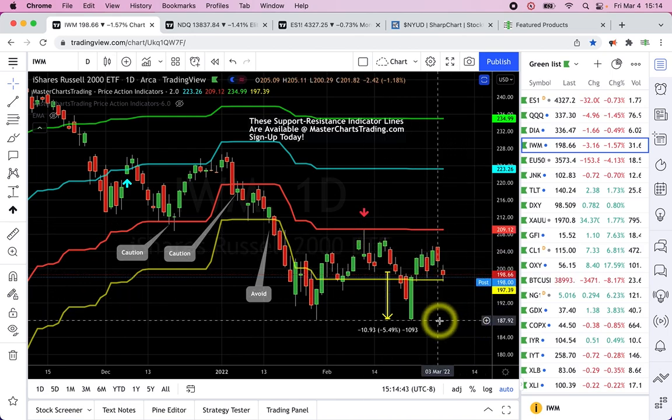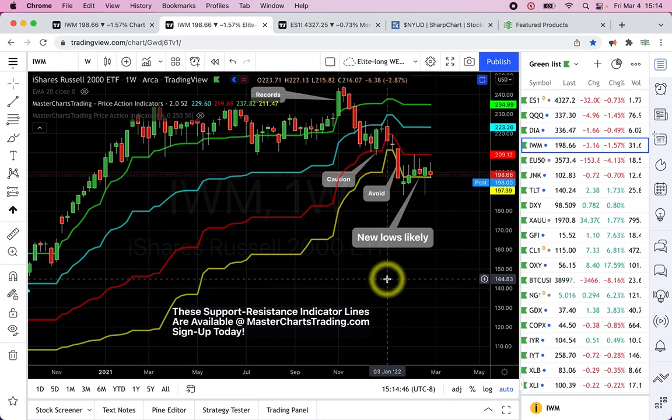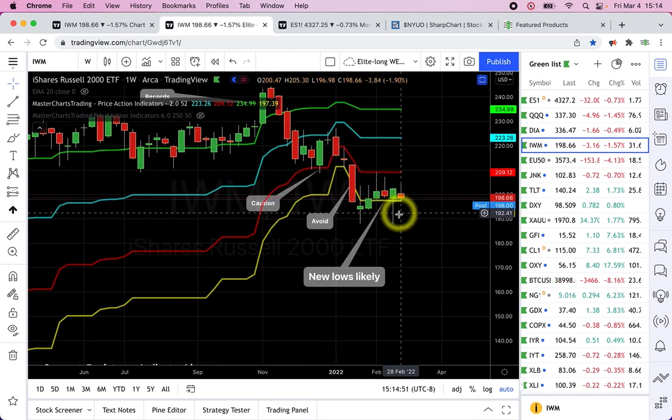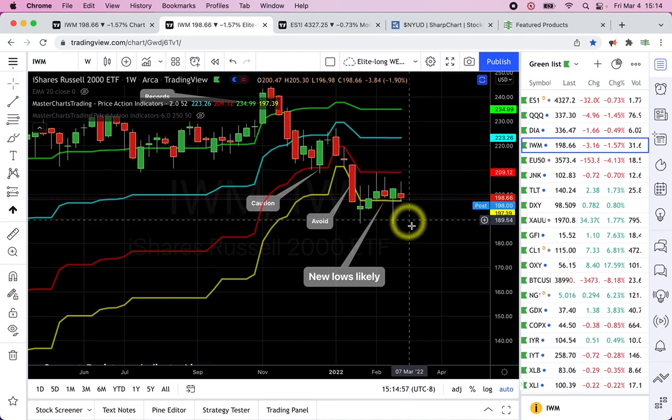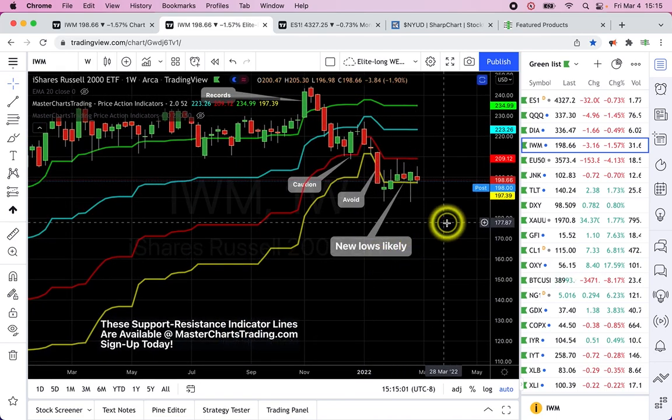Again, we are not in great shape. Notice in this weekly chart of small caps IWM, we're so close to new lows. We can make new lows very easily. So this is not great at all.